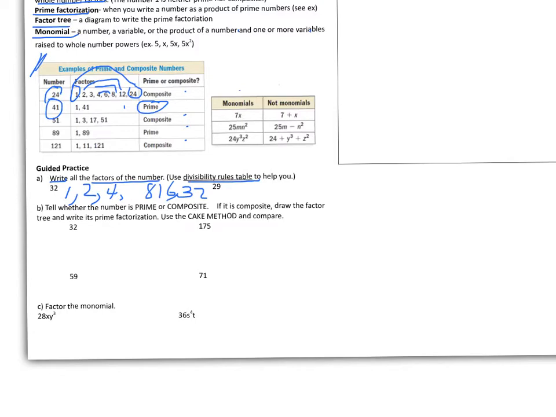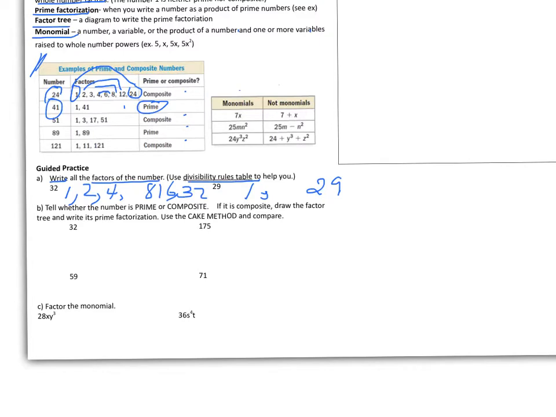And I believe that's it. And let's take a look at 29. 1, 29, and 29 happens to be a prime number, so these are the only factors.